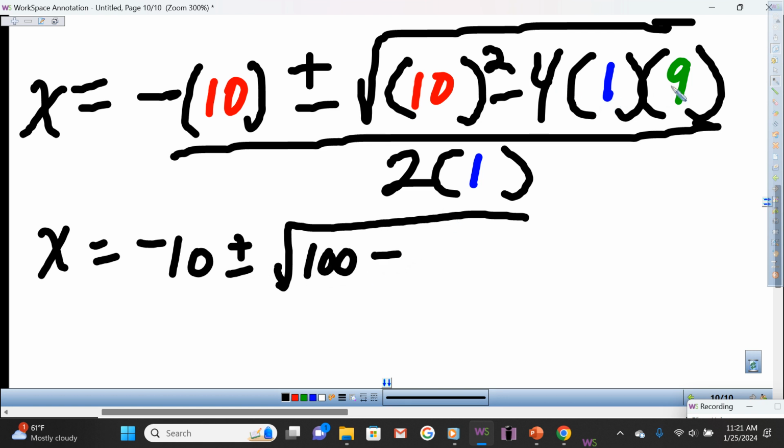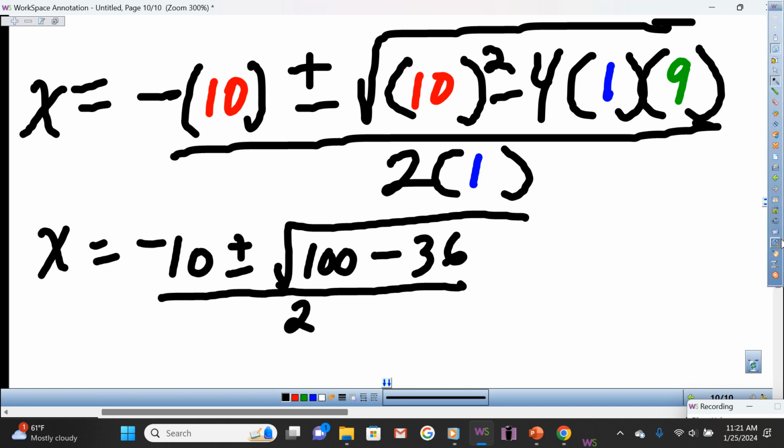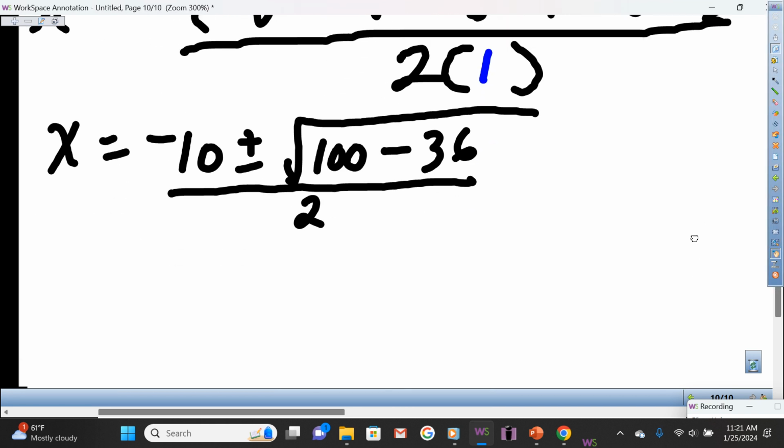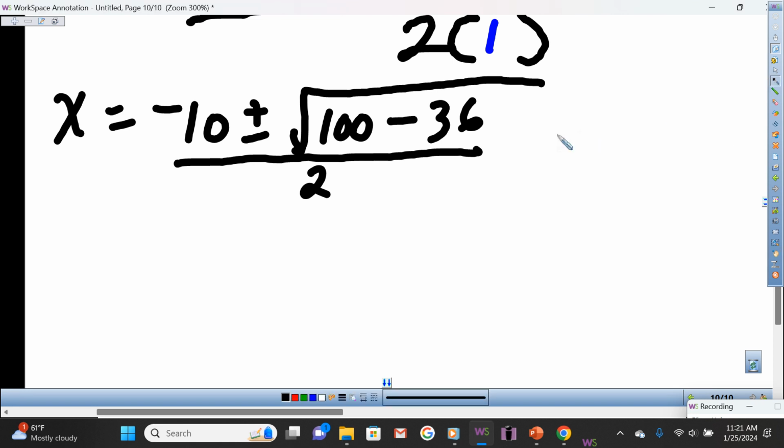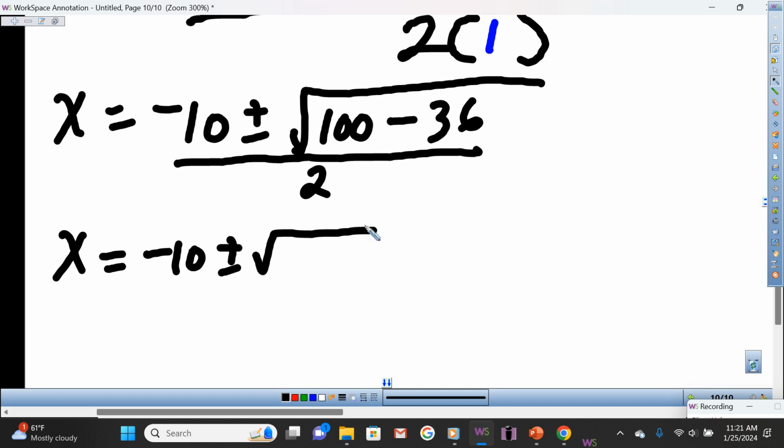What is 4 times 1 times 9? 36. Over 2 times 1 is 2. All right, let's continue with our computation path here. Negative 10 plus minus square root. What is 100 minus 36?